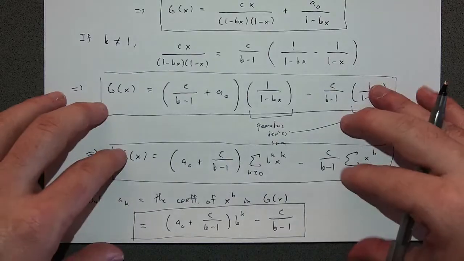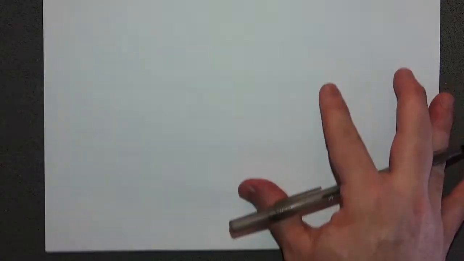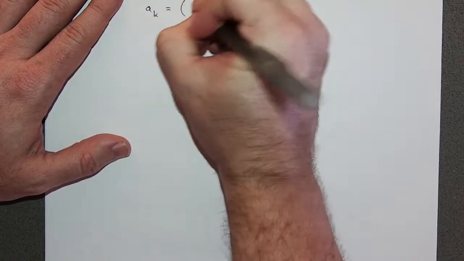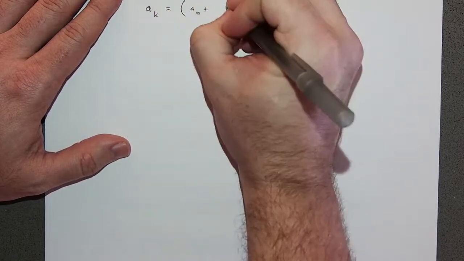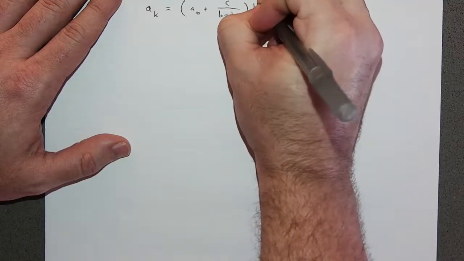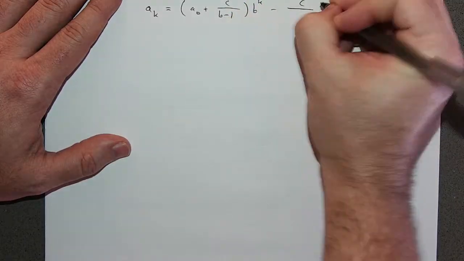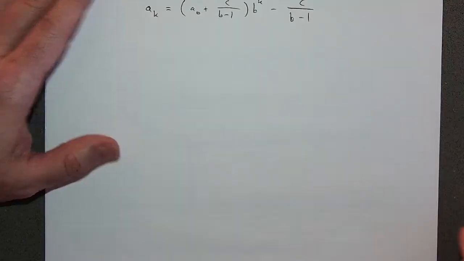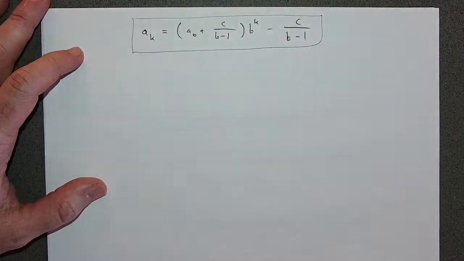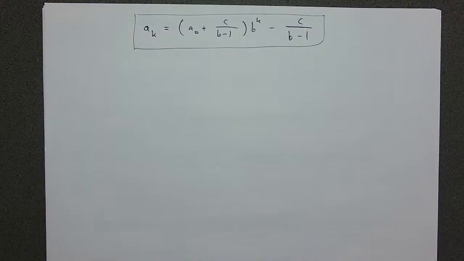Let's rewrite this on the next page. This is what we claim. This gives us a very nice closed form expression for these a sub k's.